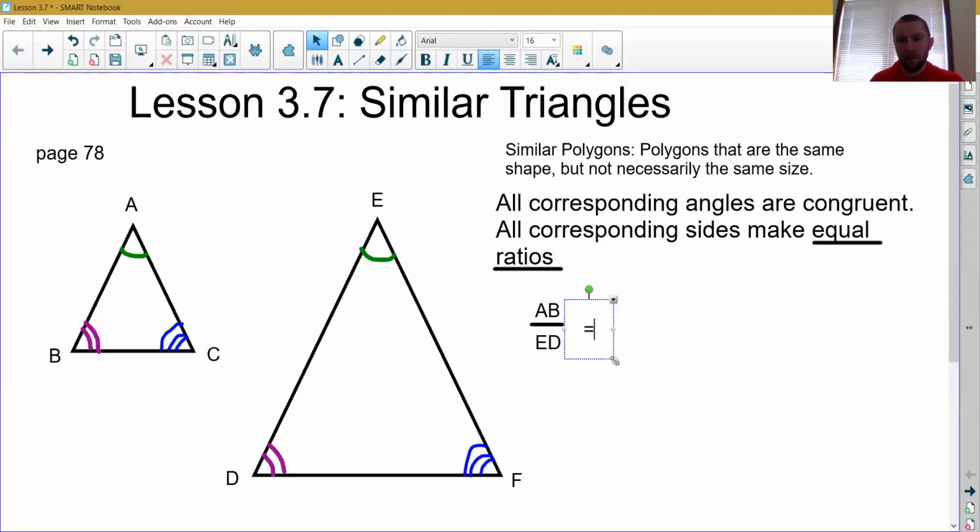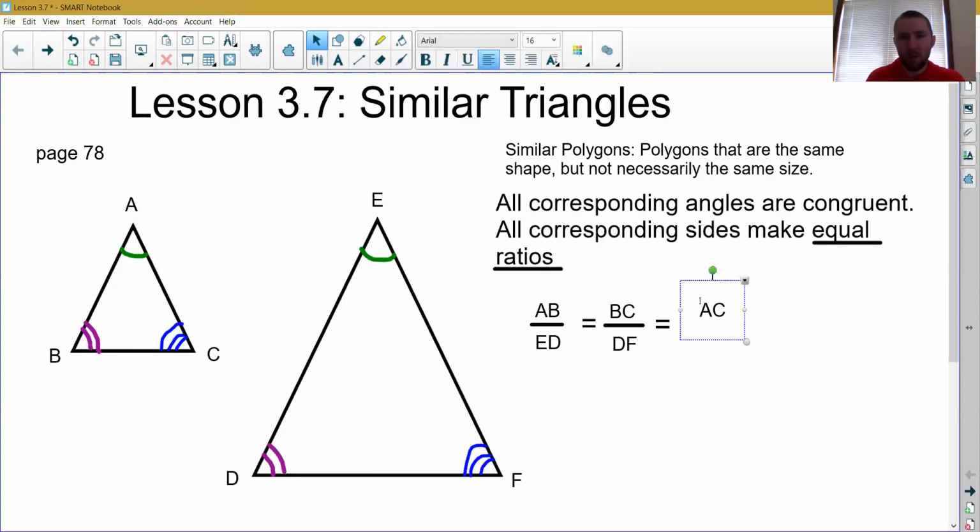That fraction, or that ratio of AB's length over this length, needs to be equal to BC, which is another side of this smaller triangle, over the corresponding side, which in this case is DF. And then that also needs to be equal to the third pair of corresponding sides as a fraction or ratio.